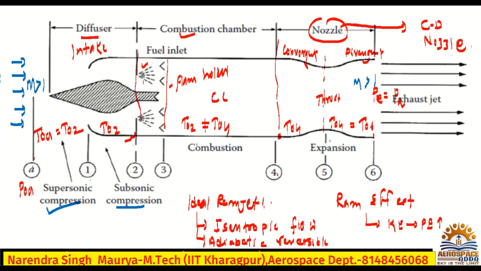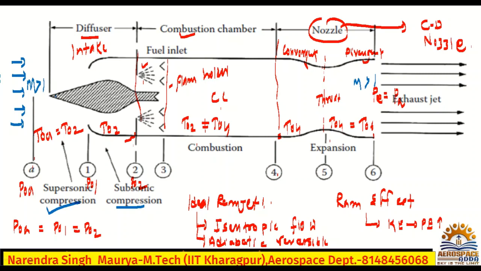So we can write here P naught A is equal to P naught 1 is equal to P naught 2. Yes or no? And if I'm adding heat in the combustion chamber, definitely total temperature will change. But total pressure will not change, because we are not doing any work in the combustion chamber. And at the same time, we are not saying any loss in the combustion chamber, because losses will be there in the combustion chamber for the real engine.